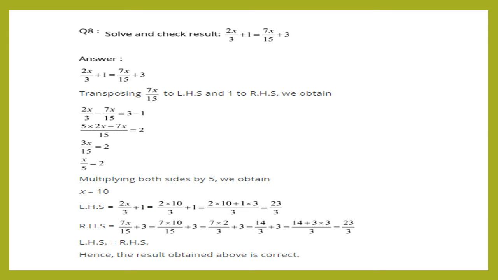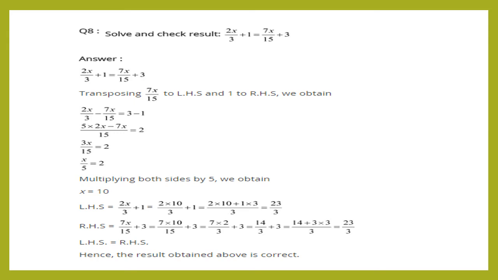5 into 2x. 5 into 3 is 15. So 5 into 2x. Then write down the minus symbol as it is. Here 15 is there, here also 15 is there. Same denominator, children.